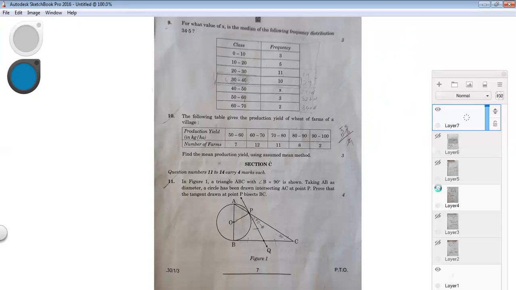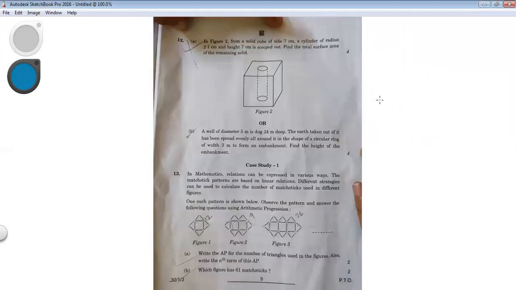Okay, so 12a. In figure 2, from a solid cube of side 7 centimeters, a cylinder of radius 2.1 centimeters and height of 7 centimeters is scooped out. Find the total surface area of the remaining solid. Okay, total surface area of the remaining solid they are asking.